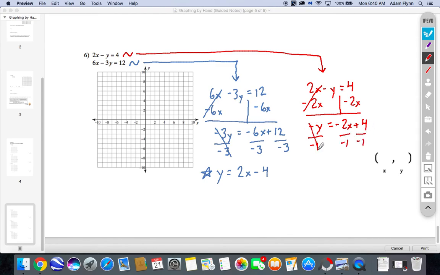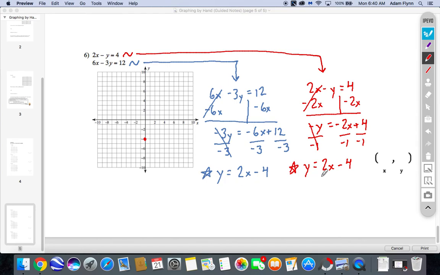When we do that, negative signs over here are going to cancel, so I'm left with y equals negative 2x divided by negative 1 is going to be a positive 2x, and 4 divided by negative 1 is going to be negative 4. It is now in slope-intercept form, so it's good to graph. So because my pen is red right now, I'll go ahead and graph this red line. So I'll start at my y-intercept, which is negative 4.